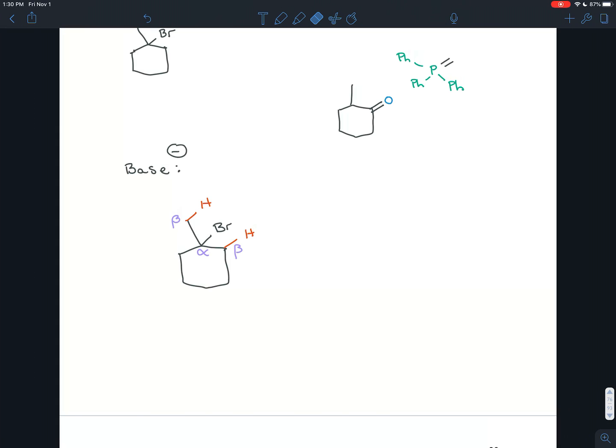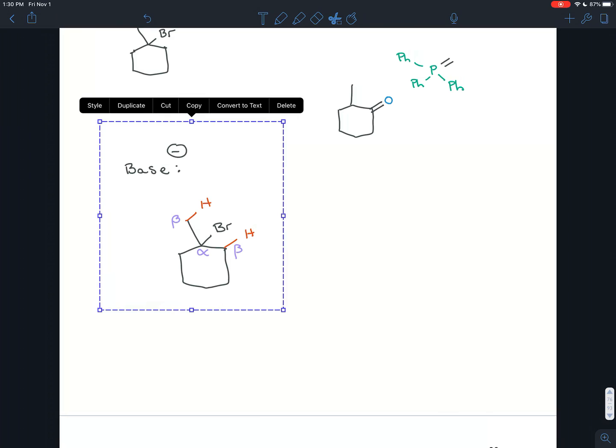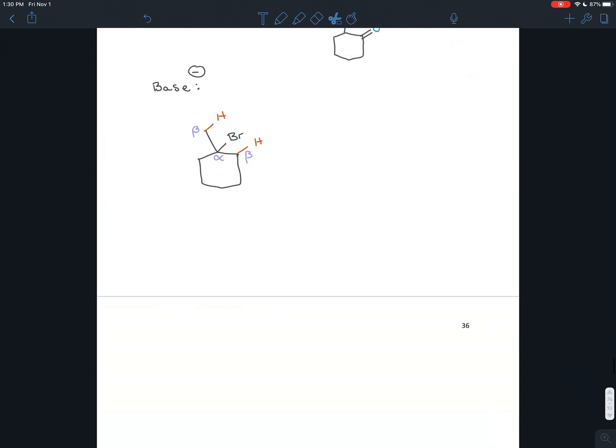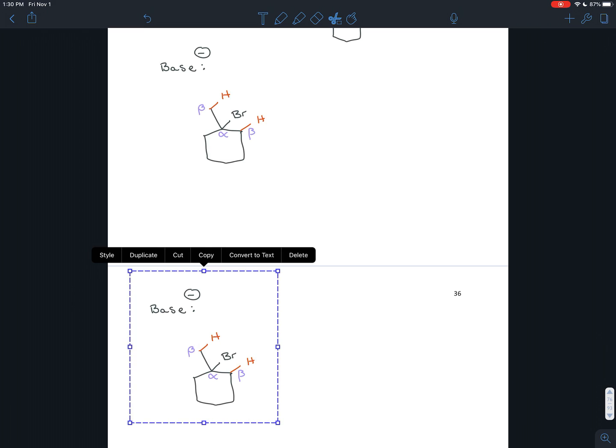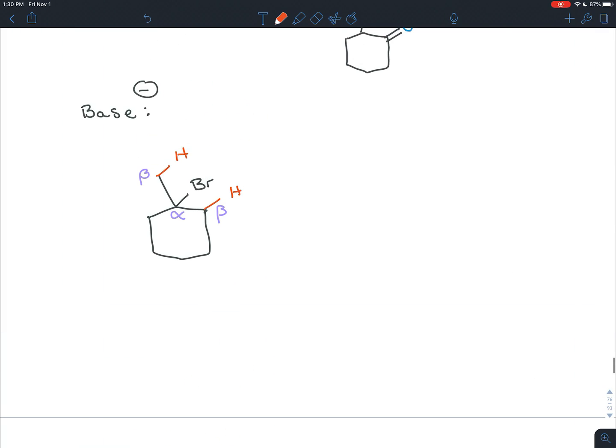Okay, so we have two different beta hydrogens. And the base can attack either one of them. So this is a review from Organic 1. The base can attack, for example, the hydrogen on the top. This carbon that has the leaving group on it is slightly positive because the bromine is electronegative.